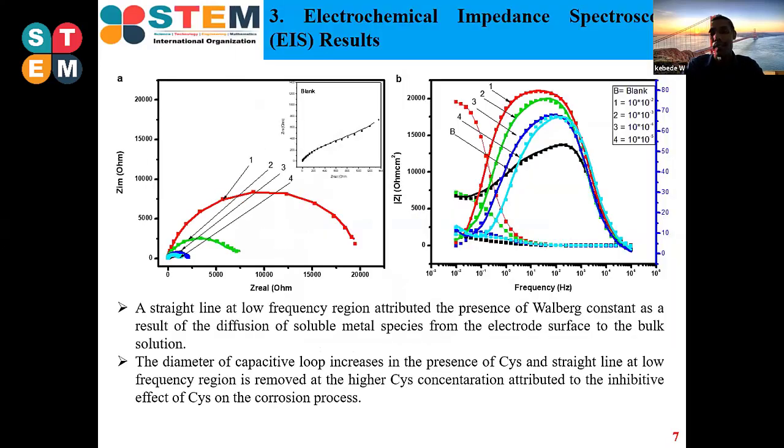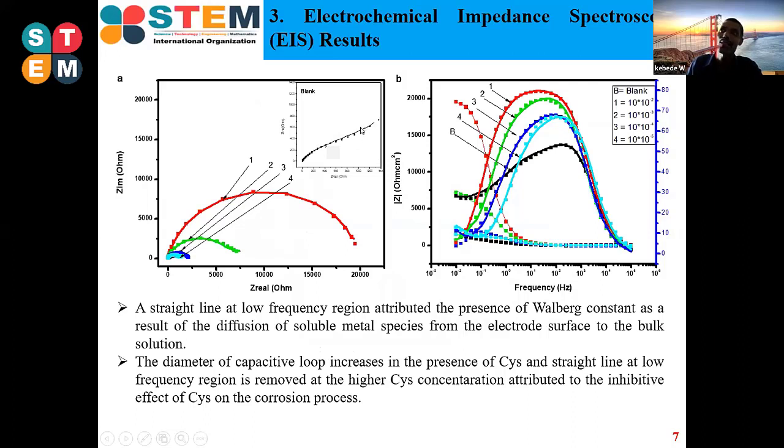This is also the EIS, or electrochemical impedance spectroscopy, result. This is the Nyquist plot on the left and the Bode plot on the right. You see here the blank solution. Here there is a straight line in the low frequency region.